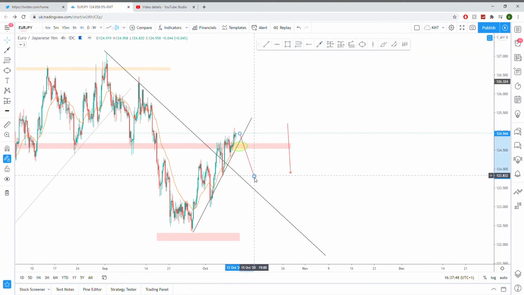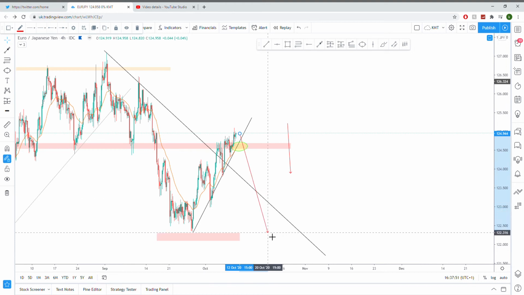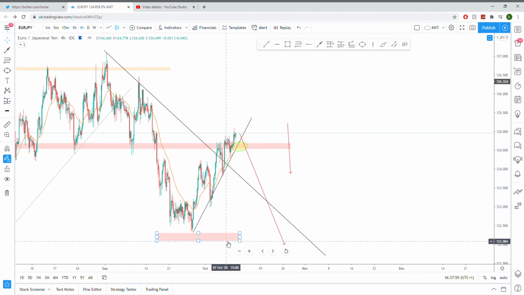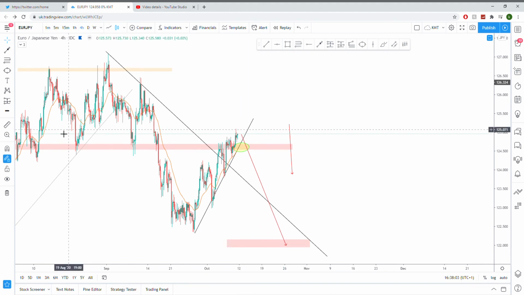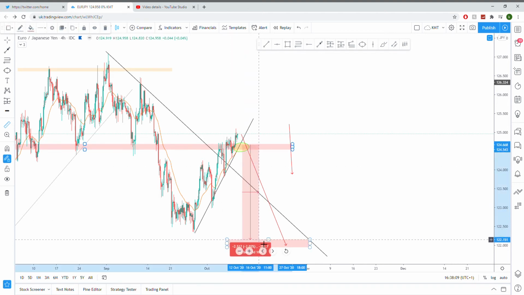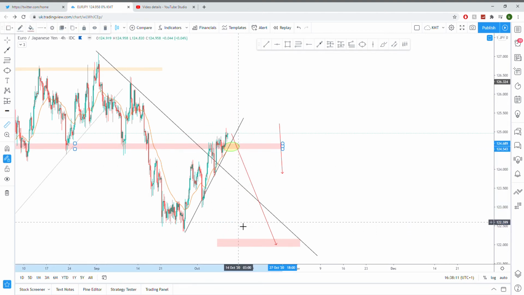Now, if this does happen, I will be looking to take out this low that is currently made, potentially into 122 for the long run. So something like this would be some sort of target there. If we were to draw this from this zone to this zone here, it would be just under 250 pips.